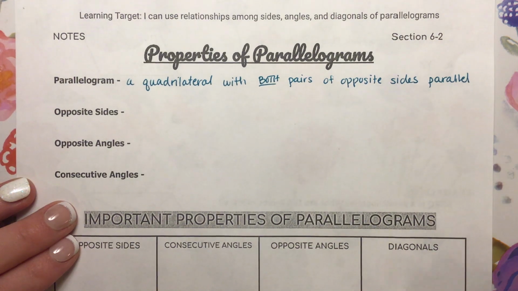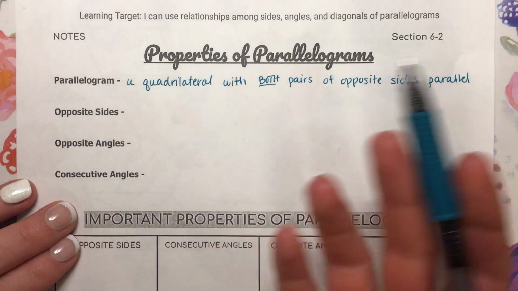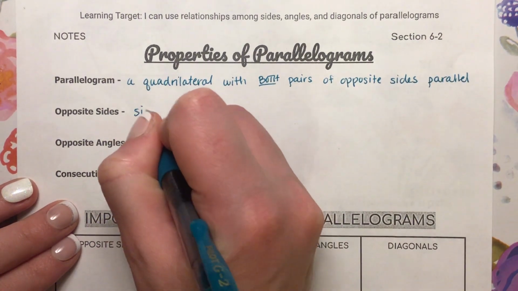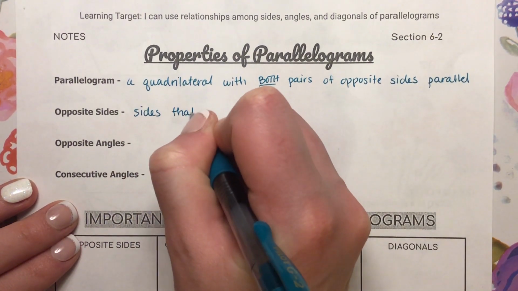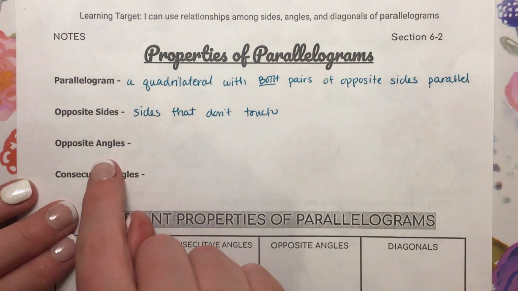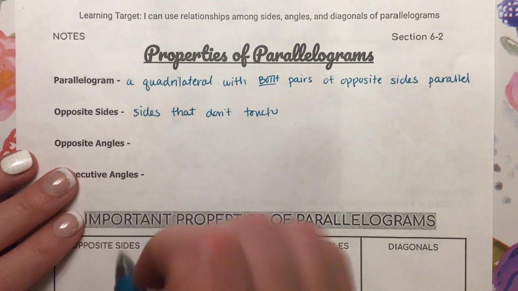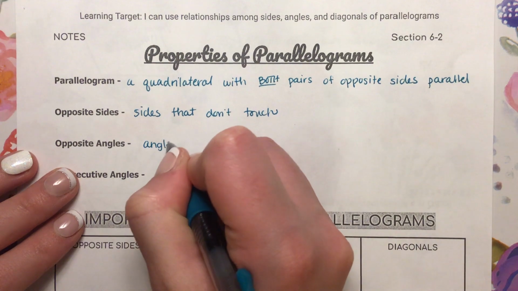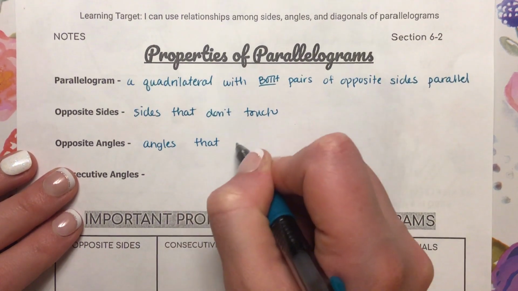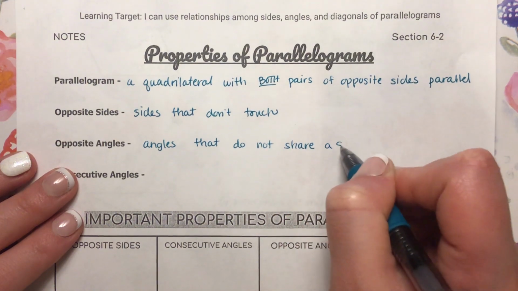Now we are going to break down individual pieces, like the elements of what makes a parallelogram a parallelogram. So what are the opposite sides? The opposite sides are the sides that don't touch. Opposite angles are angles that do not share a side.